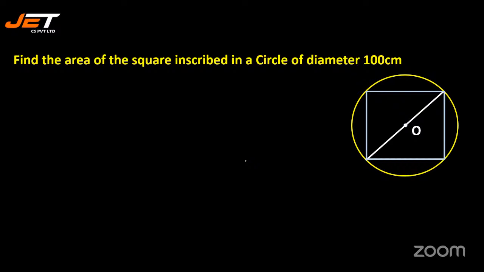Find the area of the square inscribed in a circle of diameter 100. So I think we've already done it. So diameter is 100 means radius will be 100 by 2, which is 50, right? So find the area of the square, right?